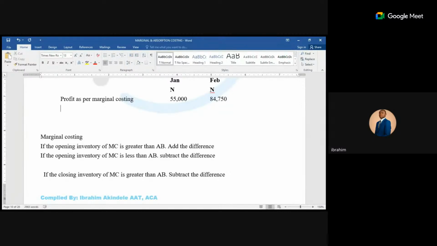So, opening inventory. Now, class, if the opening inventory of marginal costing is greater than absorption costing, we are going to add the difference. Now, let's check for January.